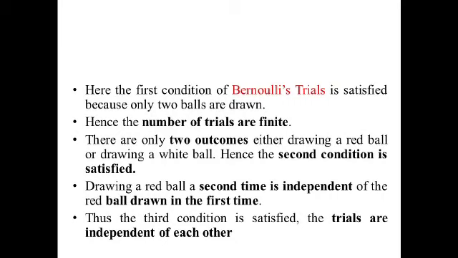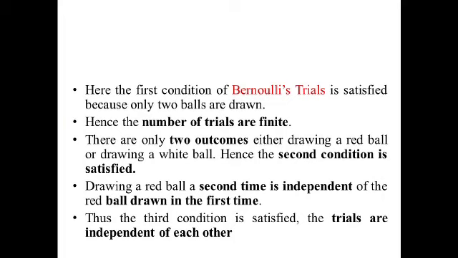Now in this particular example, we notice that the first condition of Bernoulli's trial is satisfied because the number of balls being drawn is only 2. So the number of trials being conducted is countable or finite. Next, there are only two possible outcomes, either drawing a red ball or drawing a white ball.